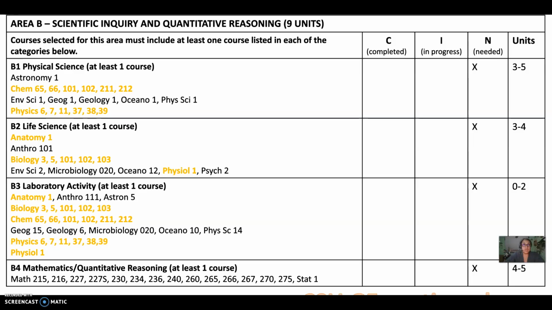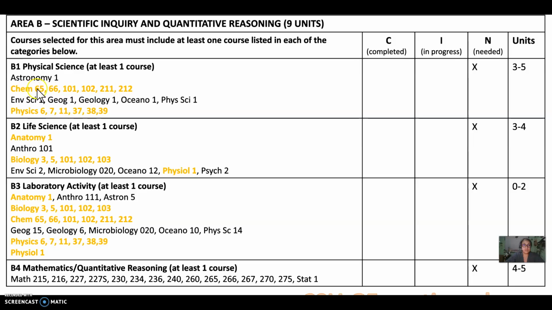And then Area B is for scientific inquiry and quantitative reasoning. So you have a requirement of 9 units here. And you need a physical science, and here are some examples of physical science courses, a life science, and then at least one of these classes needs to have a lab.